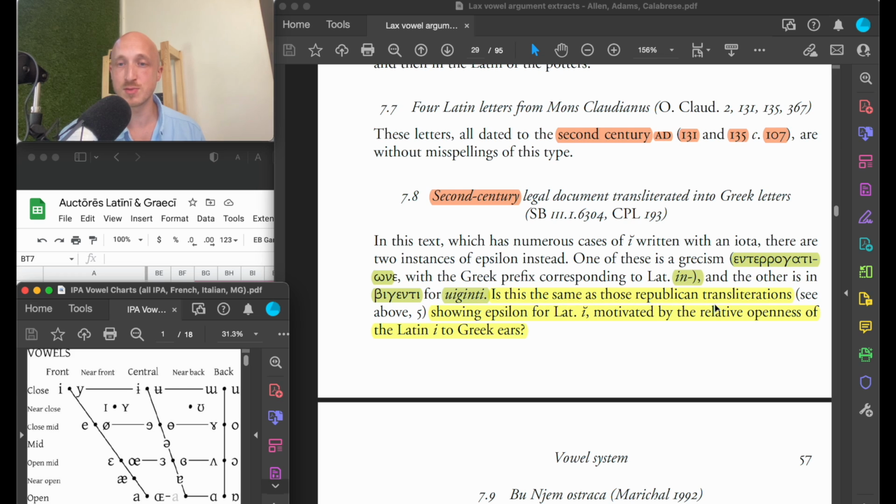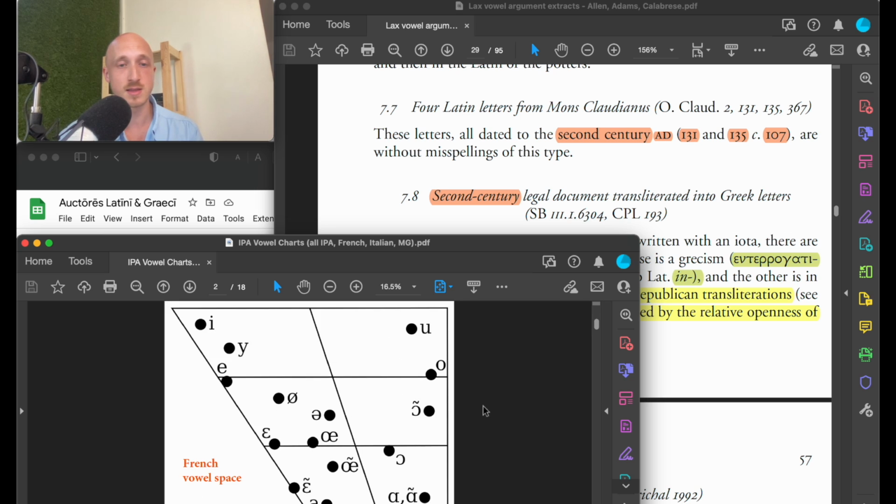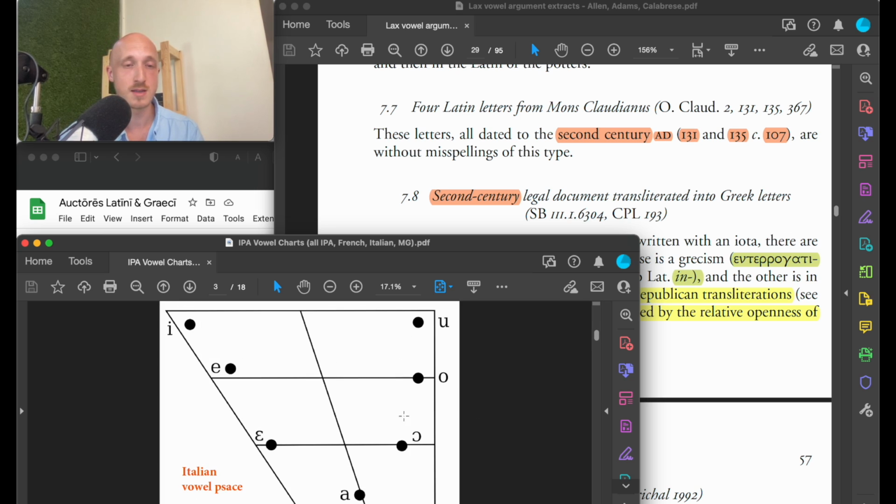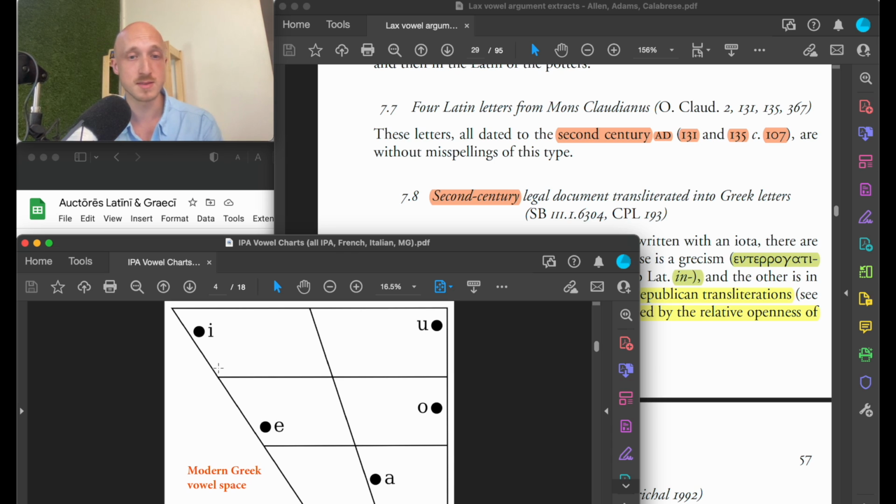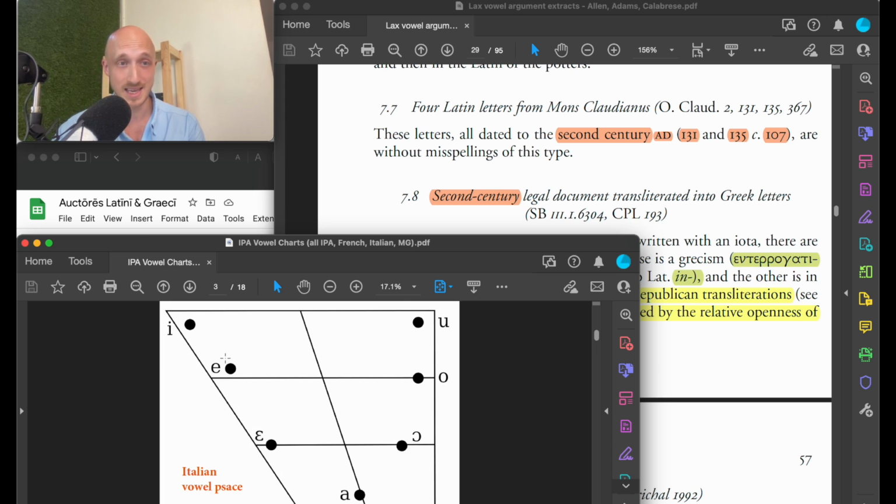Is this the same as those Republican transliterations showing epsilon for Latin e, motivated by the relative openness of Latin e to the Greek ears? It absolutely could be. In fact, I think that's most likely. To show you once again, Italian has 7 vowels. Modern Greek has the 5 vowel qualities, right? So when modern Greeks say their e, it sounds closer to e to modern Italian ears a lot of the time.